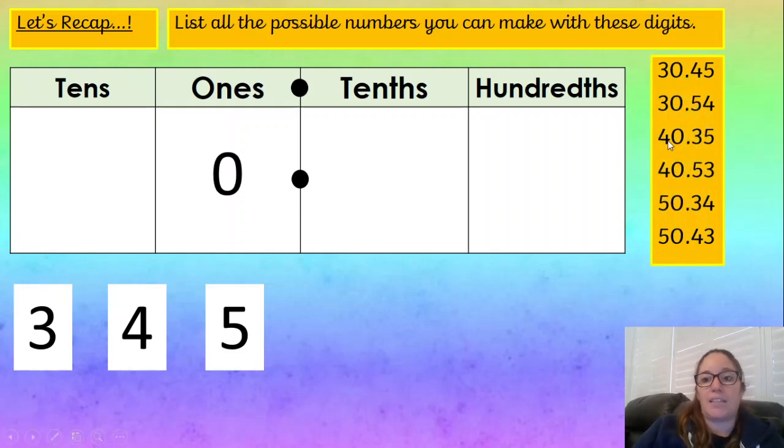Okay, and then I did the same with the 4 in my tens. So I did the 3, 5 and then changed it to 0.53. Then put the 5 in my tens and changed the tenths and hundredths around. Okay, so I wonder how many of you also did it like that.